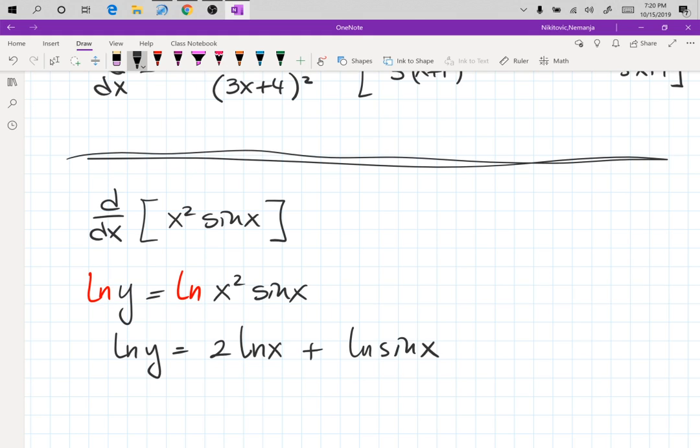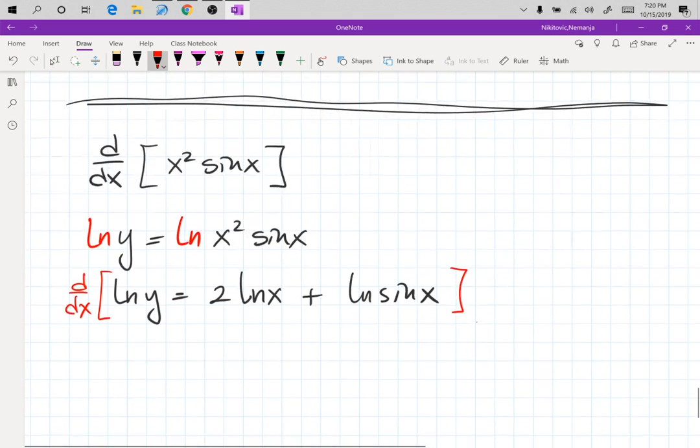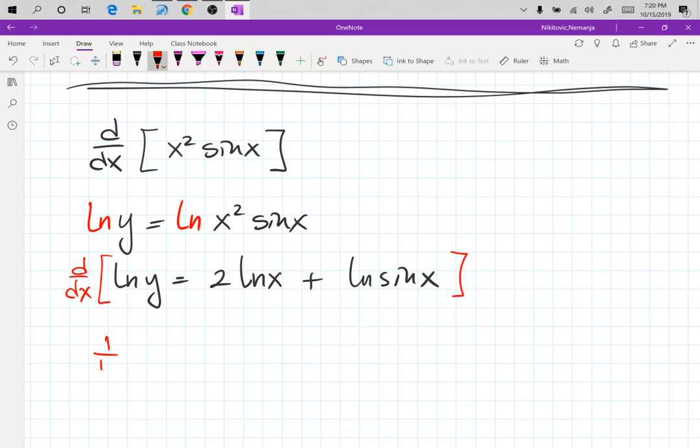So now we differentiate the entire expression. On the left-hand side, you have 1 over y dy/dx. That's the basics of implicit differentiation. You took the derivative of y with respect to x.